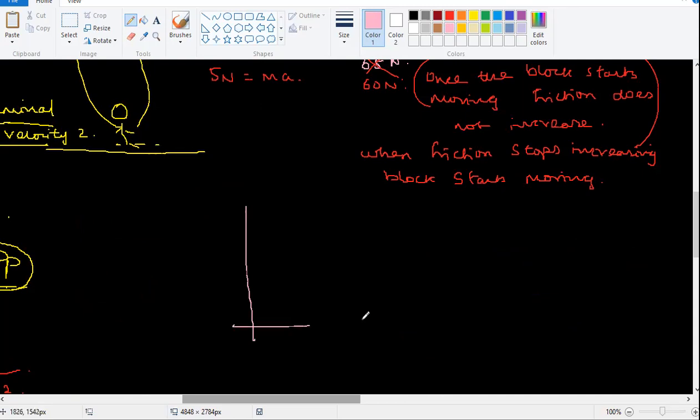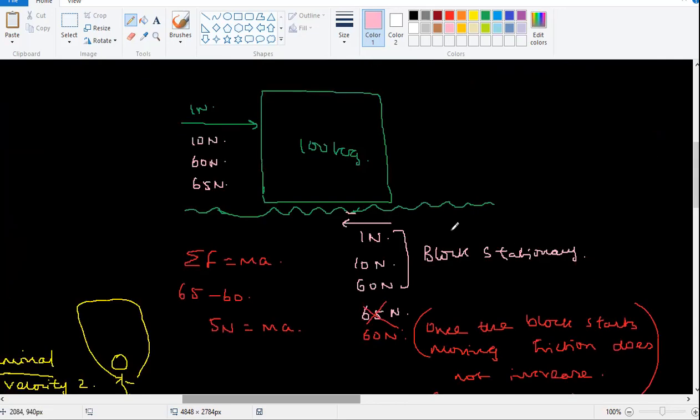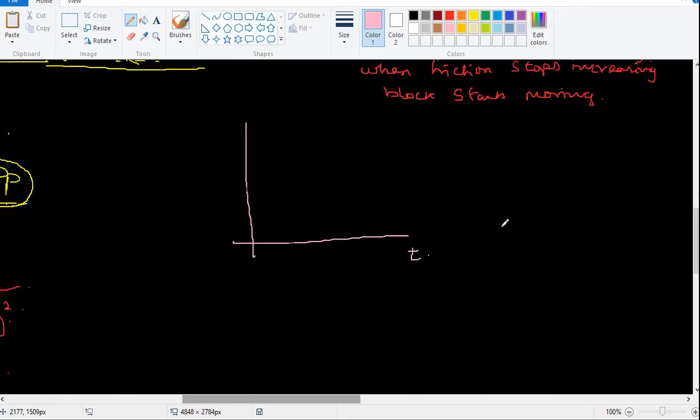So look at this. As F external goes on, this is F friction. What did I say? When I applied 1 Newton, here also it was 1 Newton. That means the point is here.